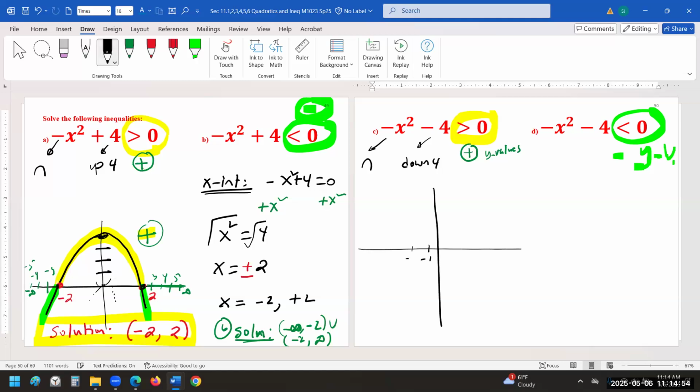We have -1, -2, -3, -4, -5, and then the very last we have -infinity. +1, 2, 3, 4, 5, 6, and then +infinity. So we have a downward parabola down 4 units. 1, 2, 3, 4. Our new vertex is here, and this is the parabola.